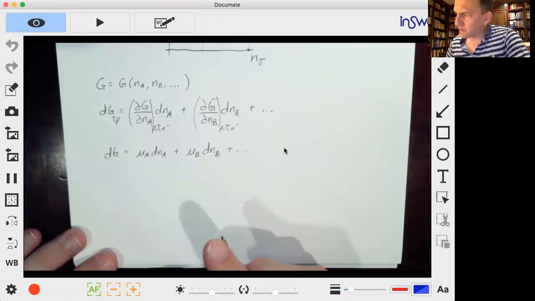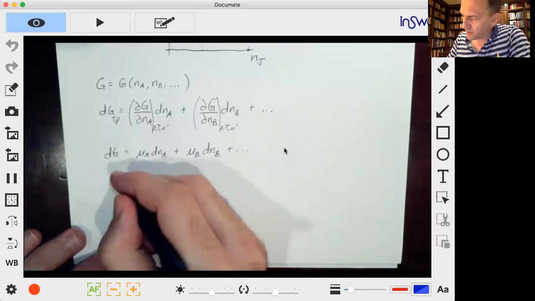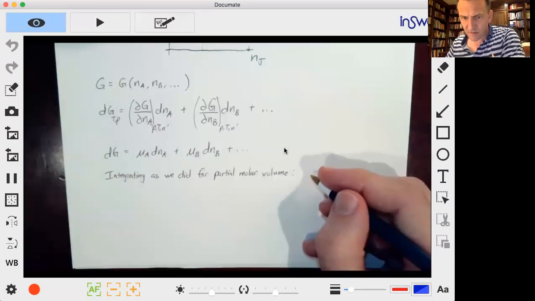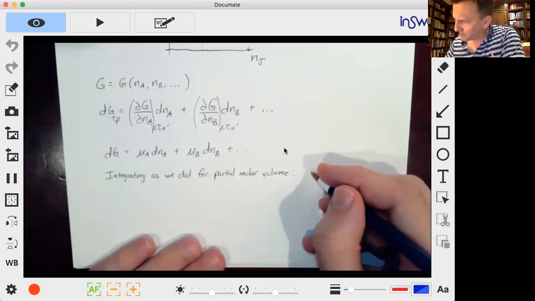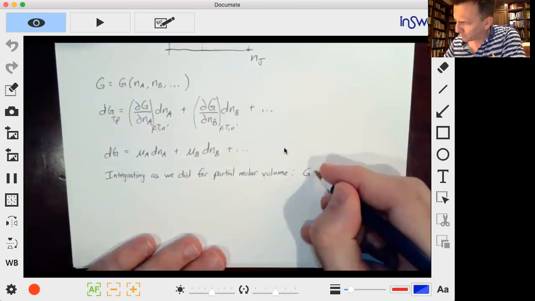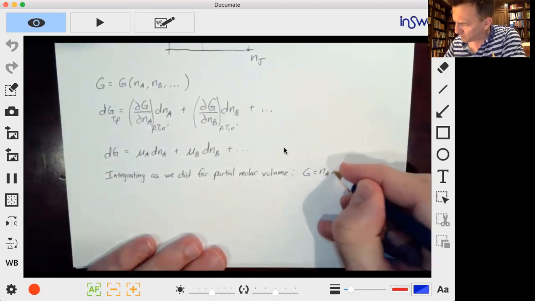Okay, and just like we did before, we can integrate both sides of this equation, just as we did before for partial molar volume. And we get G is equal to N_A mu_A plus N_B mu_B, and so on.